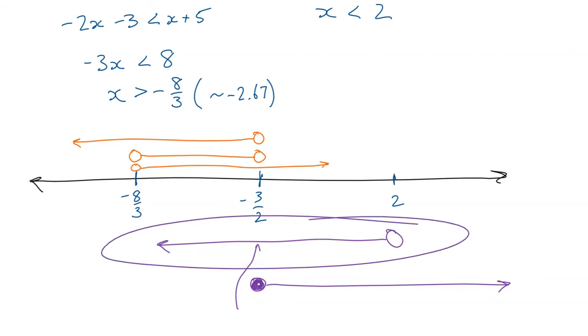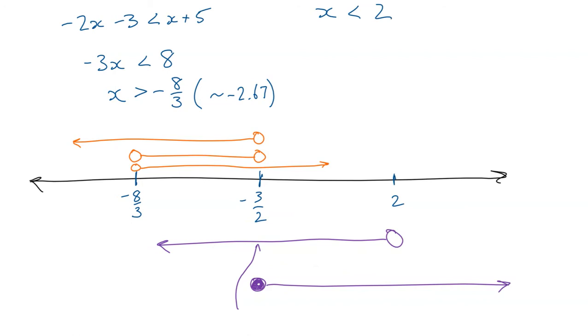Do you agree? So I'm including this point to there. Because, yes, this one continues on, but this one doesn't. That's where it stops. So that's my solution for that case.